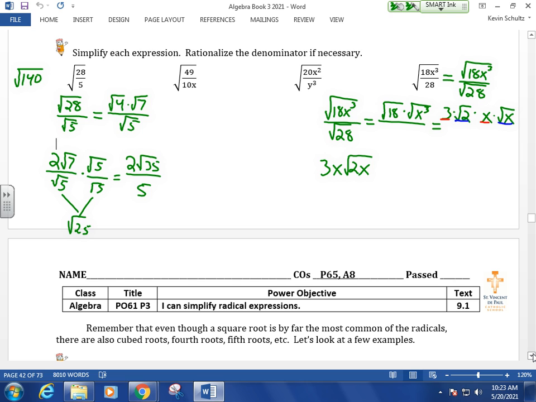And we got that by first simplifying the root of 18. Root 9 times root 2 gave us 3 root 2. Root of x cubed, root x squared times root x gave us x root x. Put it all together. 28, we just did that. That gives us 4 and 7, which becomes 2 root 7 there.